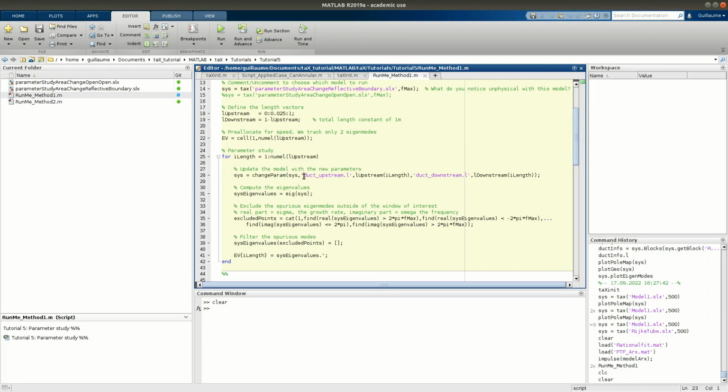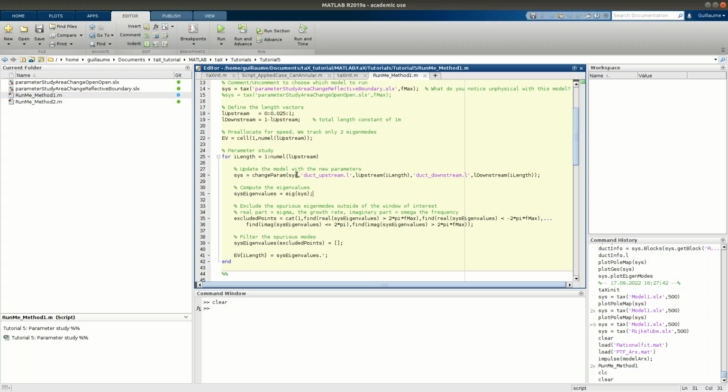So for the duct upstream element, we want to change its length, so .l, and it has to be the value L upstream, and in the loop look at element i length. So update the length of the upstream and at the same time update the length of the downstream.